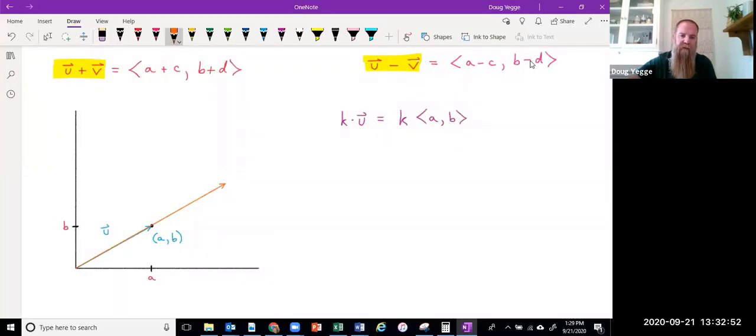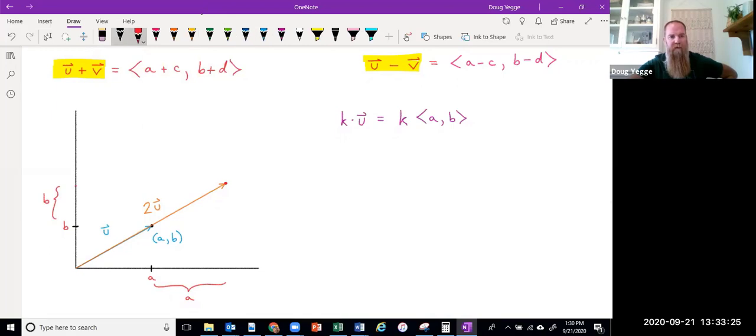So for this particular vector, what I've done is I've actually just doubled the vector. So let's think of this new vector as being 2 times vector u. Well, if that was 2 times vector u, then this distance here would simply be another distance of a, and the distance to the y coordinate, which would be right here, would be another distance of b.